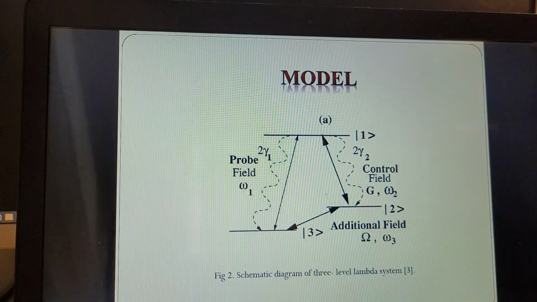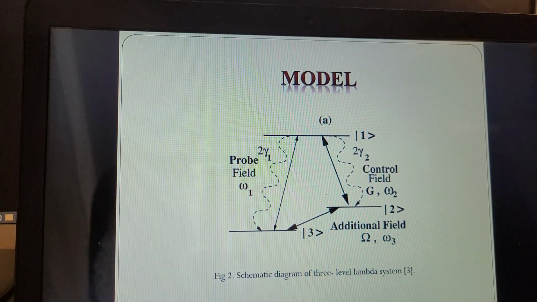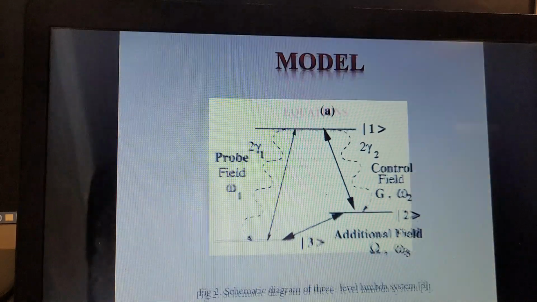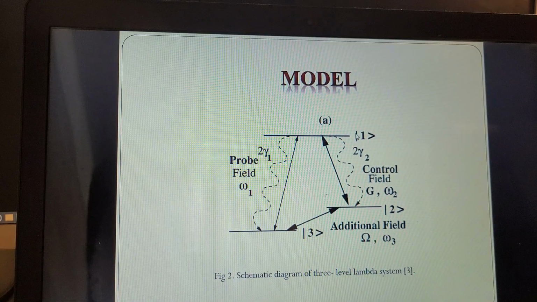Okay, if you want to talk about this property, we have to say that this propagation of light can happen in a quantum system, and we can model this quantum system by using some states. So let's go to the previous slide. You see that we have three states: state 1, state 2, state 3.